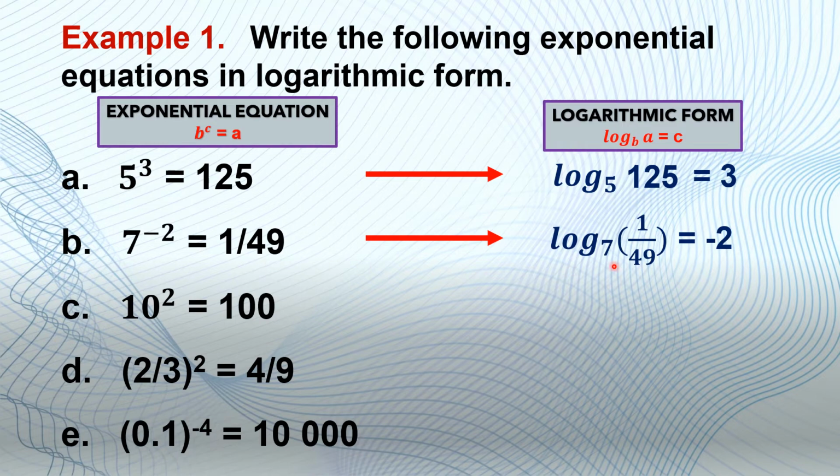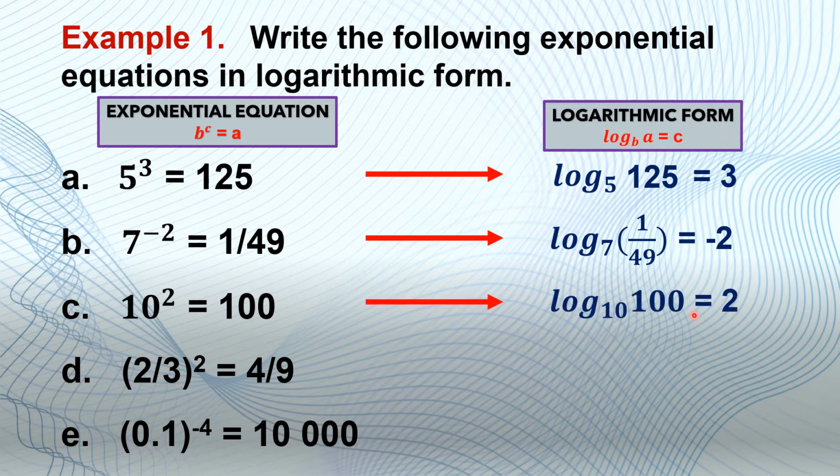So it is written beside the logarithm, equals C. C here is the exponent. So negative 2 is the answer in the logarithmic form. So we have log of 1 over 49 with base 7 is equal to negative 2.